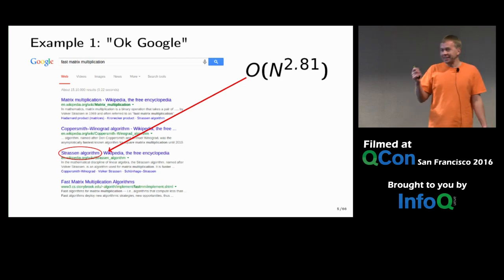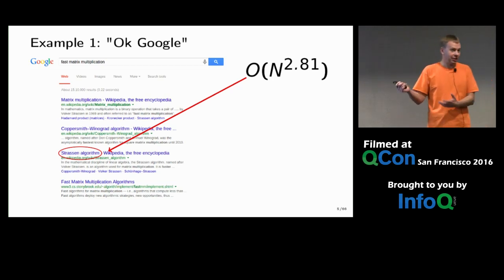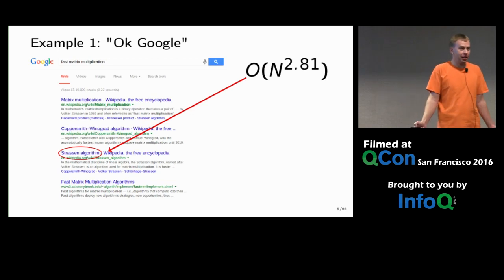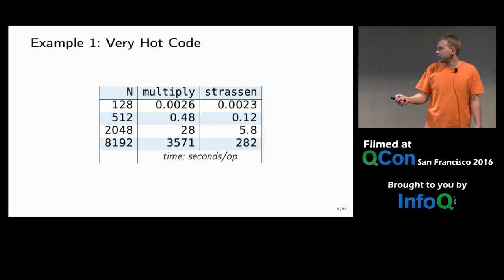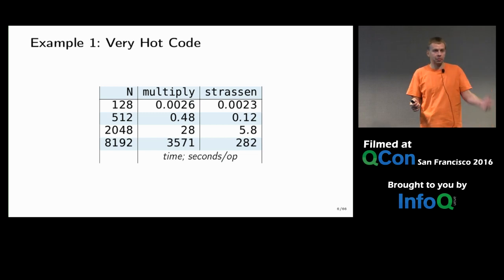Okay, and there is a well-known algorithm which operates faster. It looks like n^3 versus n^2.81. It's not a big difference, but let's check it in reality. Let's implement the fast Strassen algorithm for multiplication and compare. Okay, I did it. I measured it for different values of N, the matrix size, and here is the time, how many seconds I need for one multiplication.